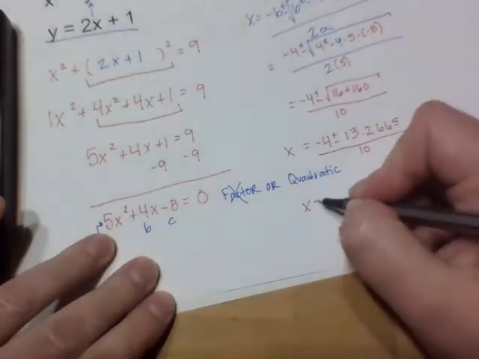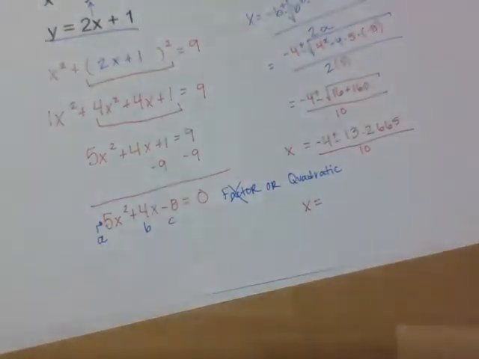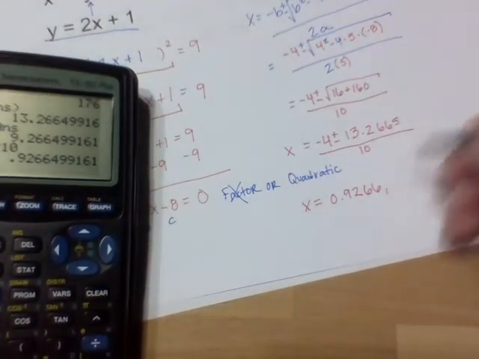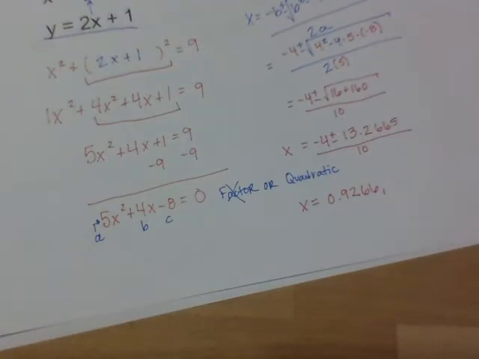So our x's equal negative 4 plus that, divided by 10, so 0.9266, but then also negative 4 minus 13.266499916.